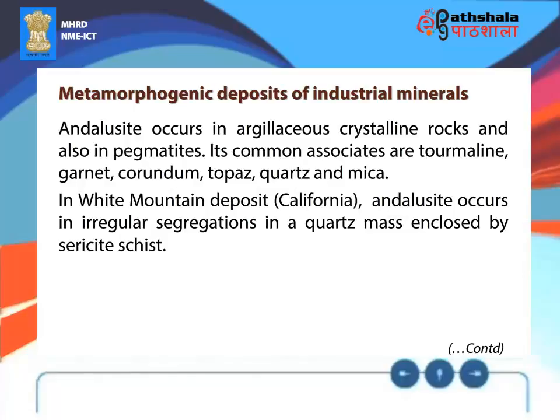Andalusite occurs in argillaceous crystalline rocks and also in pegmatites. Its common associates are tourmaline, garnet, corundum, topaz, quartz, and mica. In White Mountain deposit, California, andalusite occurs in irregular segregations in a quartz mass enclosed by sericite schist.